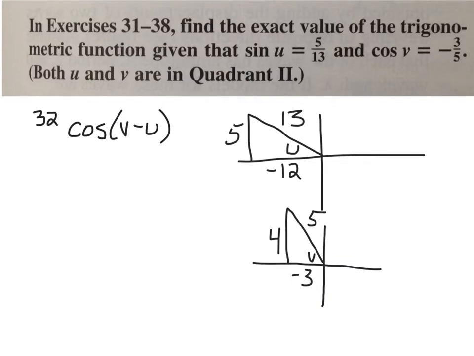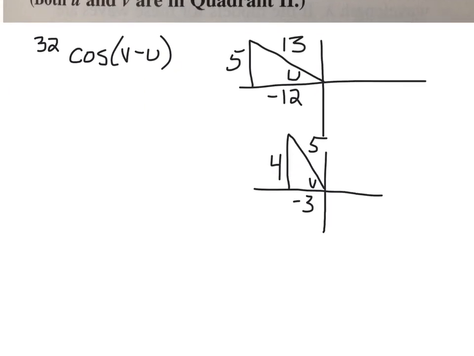So now we have a bunch of information, and we do see that we're going to have to apply the difference cosine formula here. So I'm going to write that out so we can see it, and I'll have to move back and forth so we can see everything here.